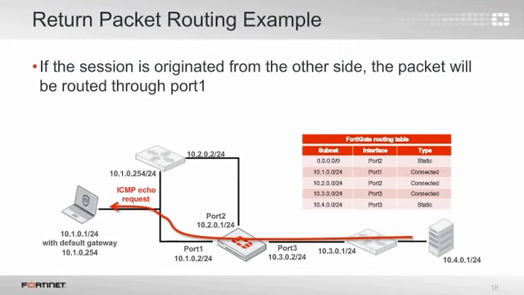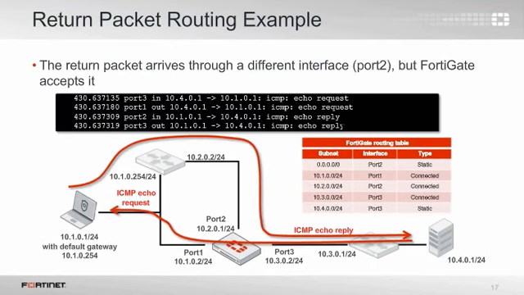So the unit uses the best route to 10.1.0.1, which is through port 1. This example shows how a FortiGate might, in some network topologies, route packets to the same destination differently, depending on who initiated the session. Let's take a look at the reply traffic in this example.